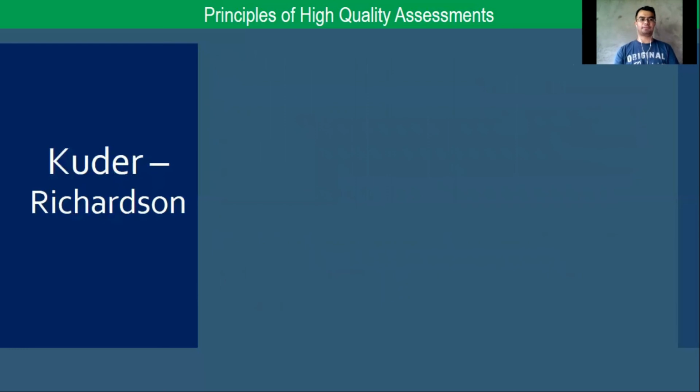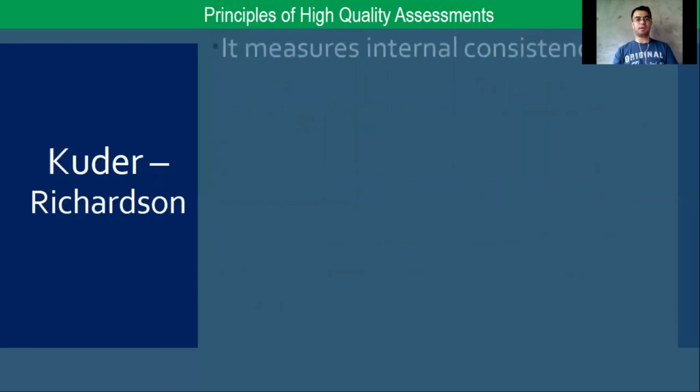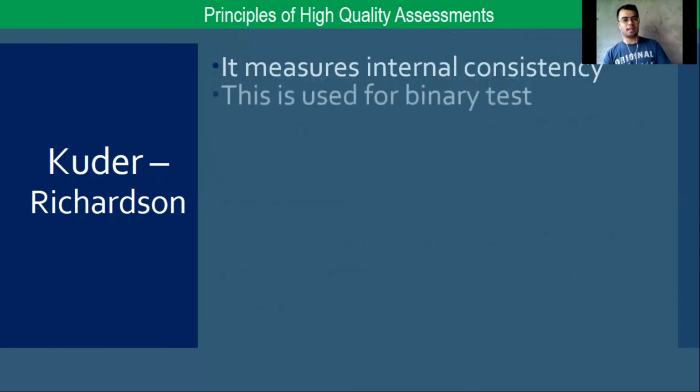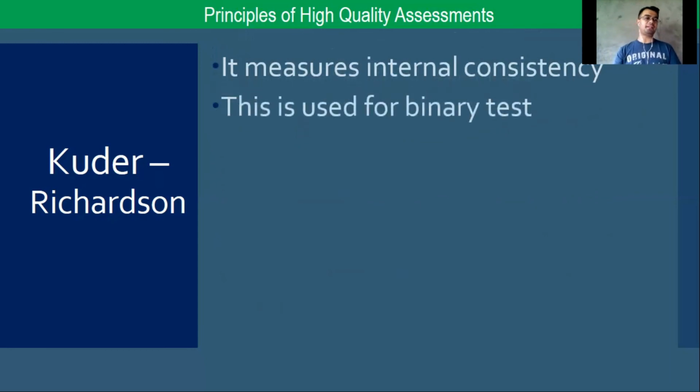Number four, we have Kuder-Richardson. This one also measures internal consistency. And this is used for binary tests or dichotomous tests, which are tests that have two answers like legal or illegal, moral or immoral, right or wrong, yes or no, and the most popular is true or false.